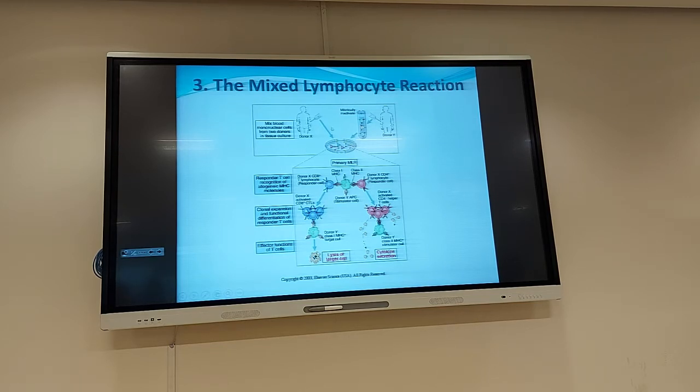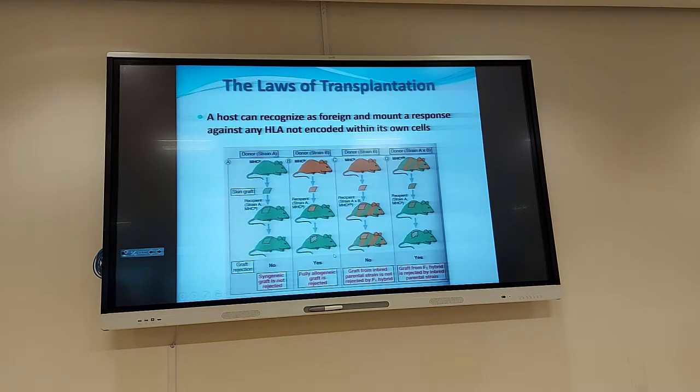If there is more genetic relatedness, this reaction doesn't happen, and you don't see increased lysis or increased cytokine production. Right? So this is the basis of the mixed lymphocyte reaction.